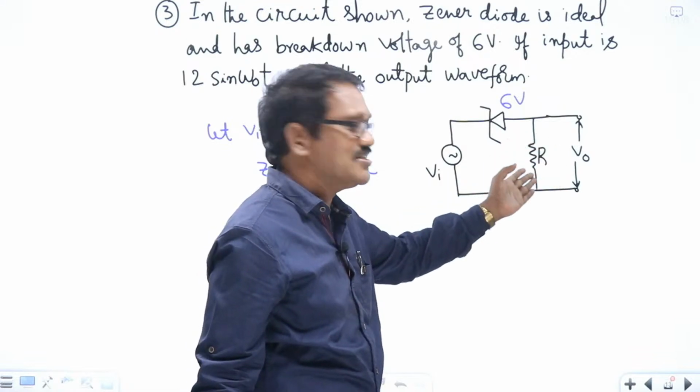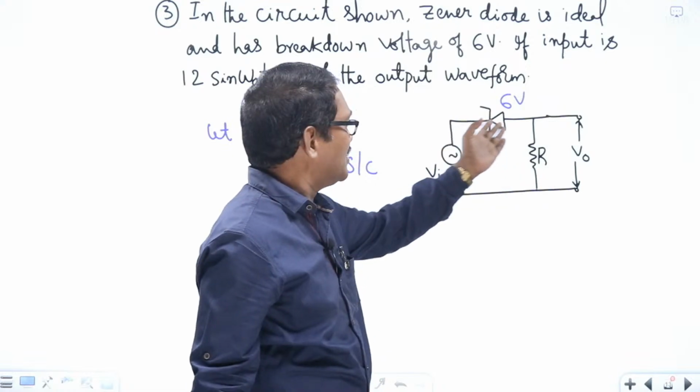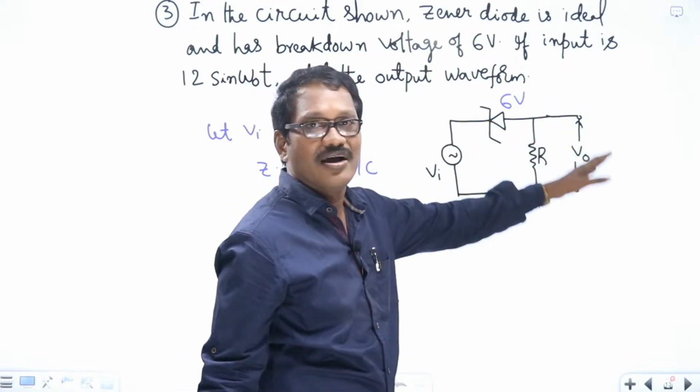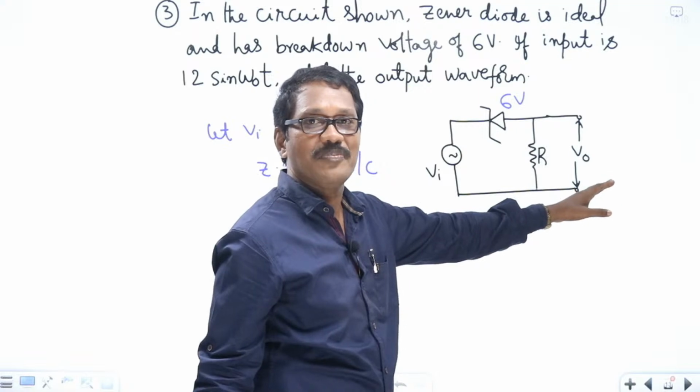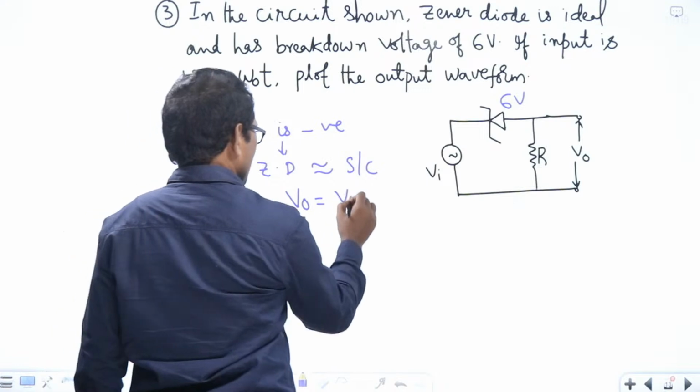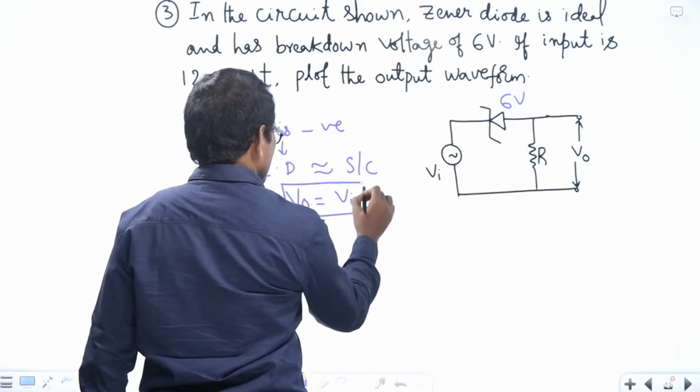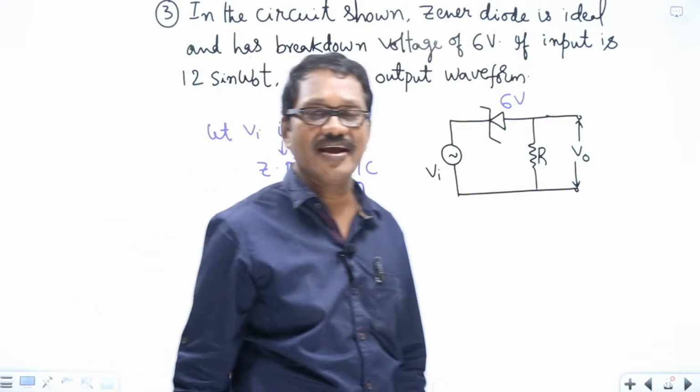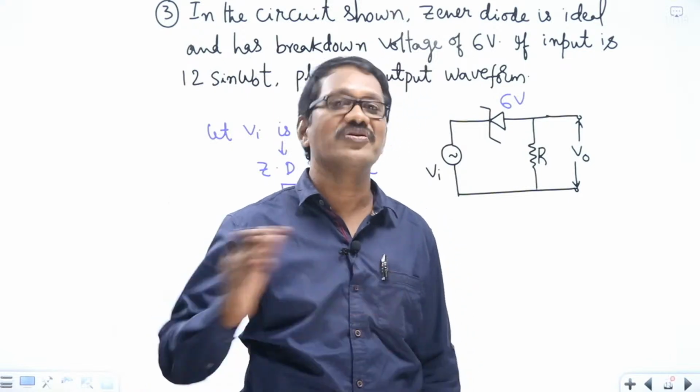If it is a short circuit, the same input voltage will be applied across the output terminal. So the output voltage is the same as the input. That means during the negative half cycle, the output follows the input variations.